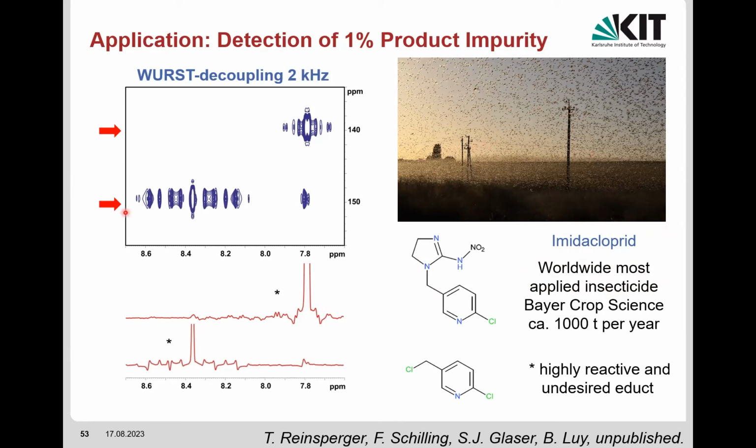And when you acquire a spectrum of this, then you're interested, for example, to find a highly reactive but undesired educt shown here. And that typically comes up in the percentage range. So like 1%, sometimes a bit less, sometimes a bit more.